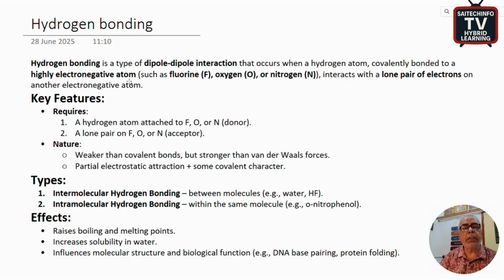So point number three, it should necessarily have a highly electronegative atom, for example fluorine, oxygen, nitrogen, etc., that interacts with the lone pair of electrons on another electronegative atom. For example, it requires a hydrogen atom attached to fluorine or oxygen or nitrogen as a donor, and there should be a lone pair of electrons, so it should be an acceptor.